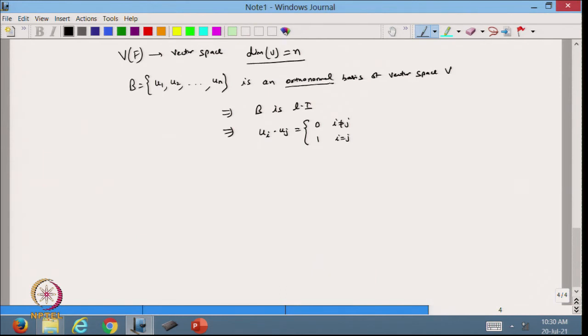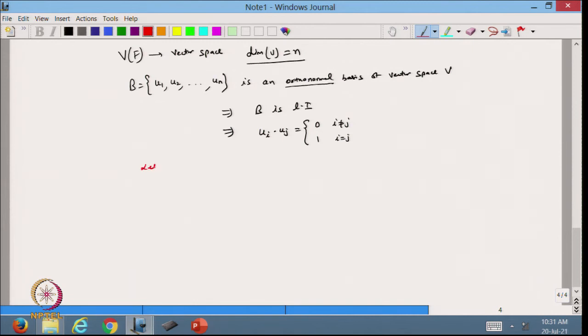So, that is there. Now, what is going to happen? Let us check how it is useful for finding the coordinates.